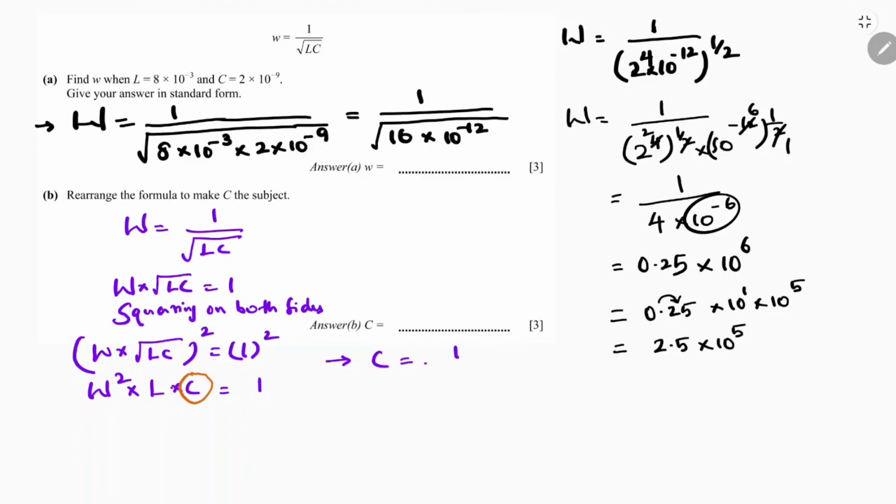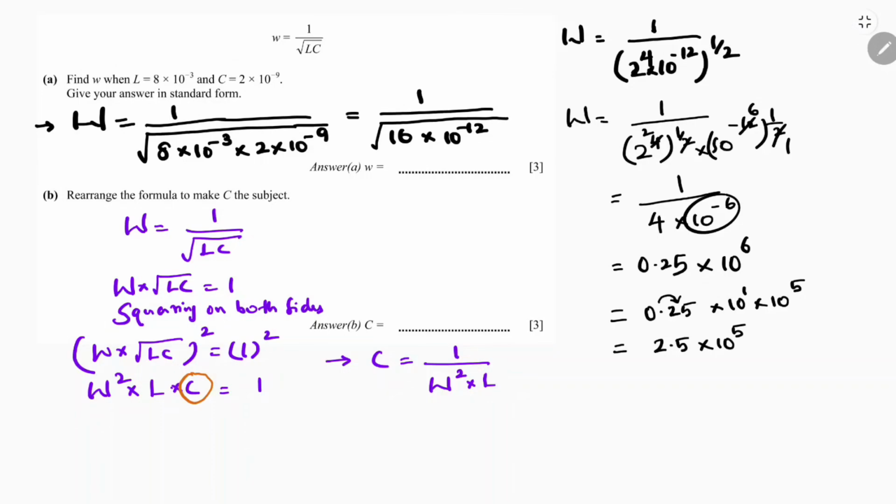C equals 1 by, if I transpose W square and L, we get 1 by W square into L. So this is the value of C, as we make C the subject. So C equals 1 by W square into L.